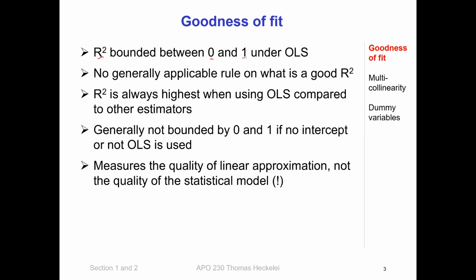However, there's no generally applicable rule on what is a good R square. Just because the model fits very well to your data doesn't say that it's a good model, and vice versa. Why? Because remember, the error term captures all the unobservable factors that could affect your dependent variable. So if there's no good way to tease out these unobservable factors, or you don't have the data available, then it is how it is, right?